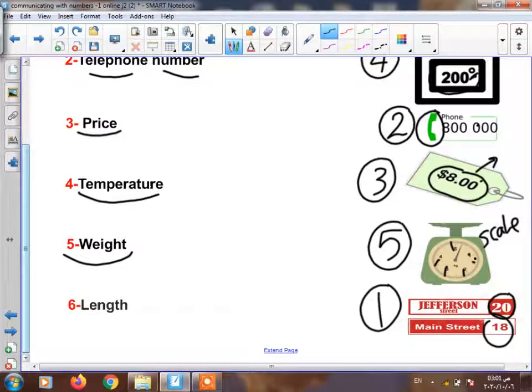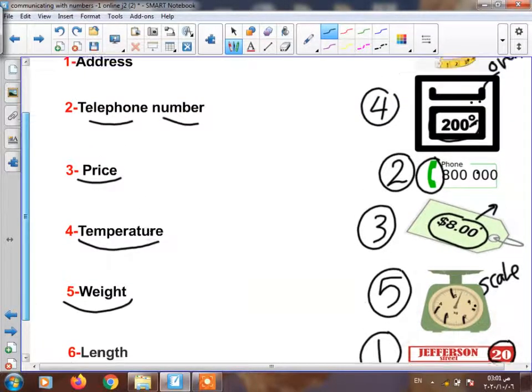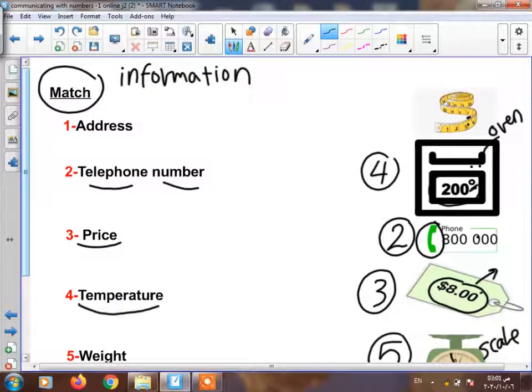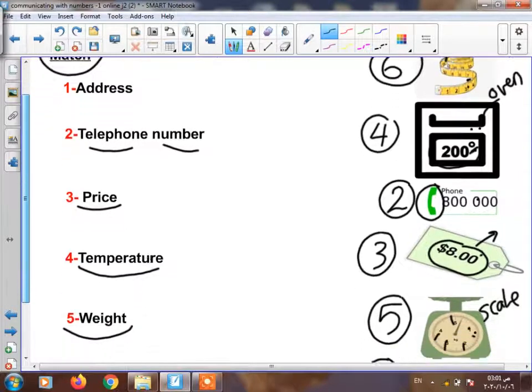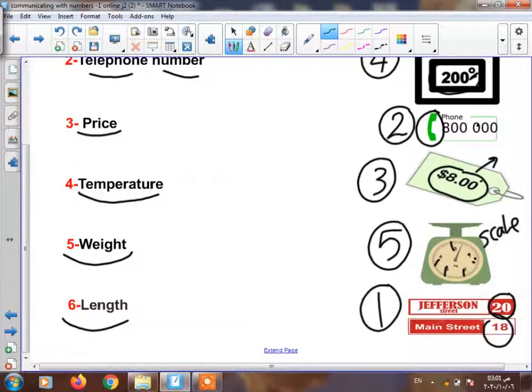The last one is length. Okay? Number 6. I will write number 6 beside which one? Yes, I will write number 6 beside the picture of this tape. Alright, so I wrote number 1. Again, let's revise together.